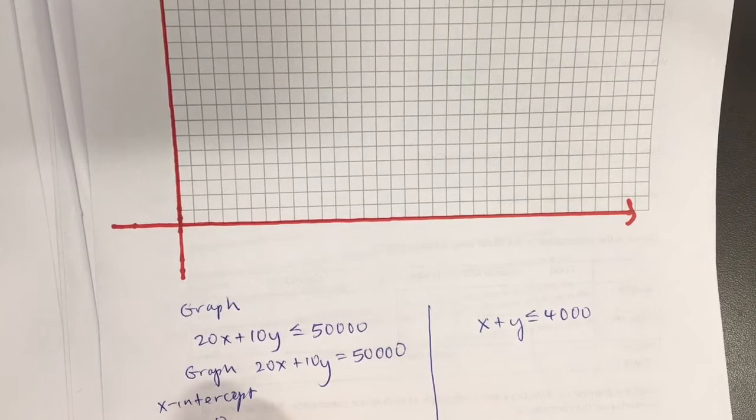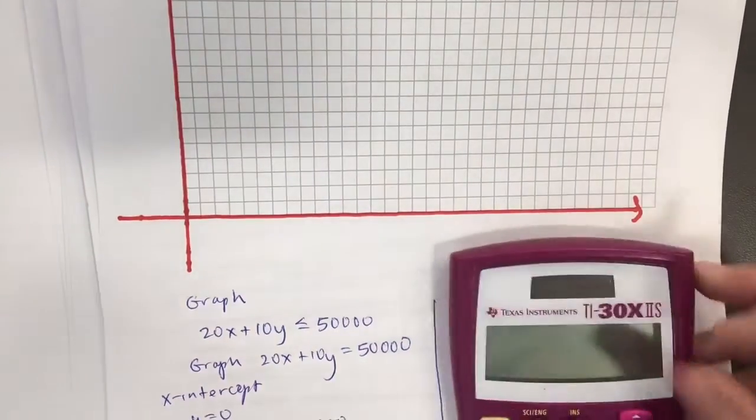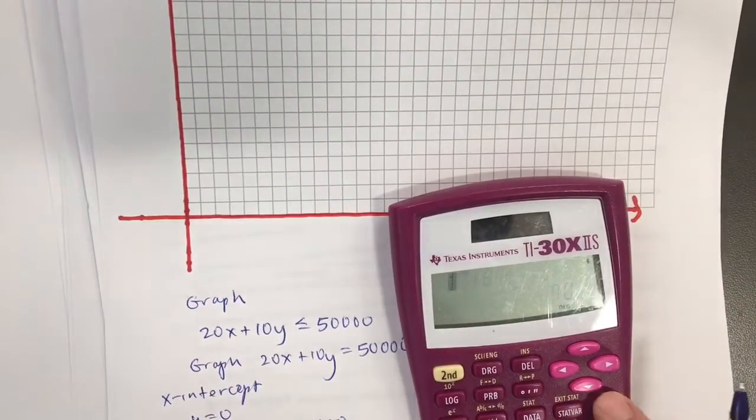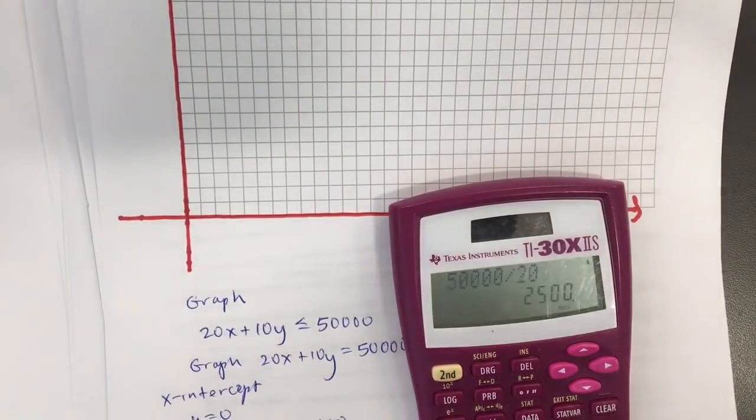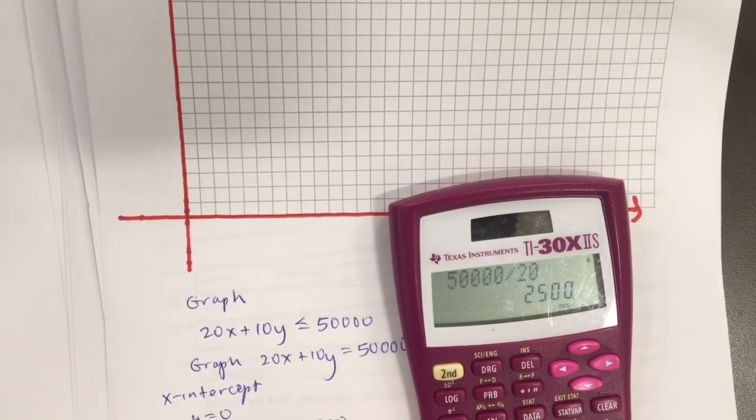This will give me 20x plus 10 times 0 equals 50,000. So 20x equals 50,000. Divide both sides by 20. 50,000 divided by 20 is going to give me 2,500. So x equals 2,500.